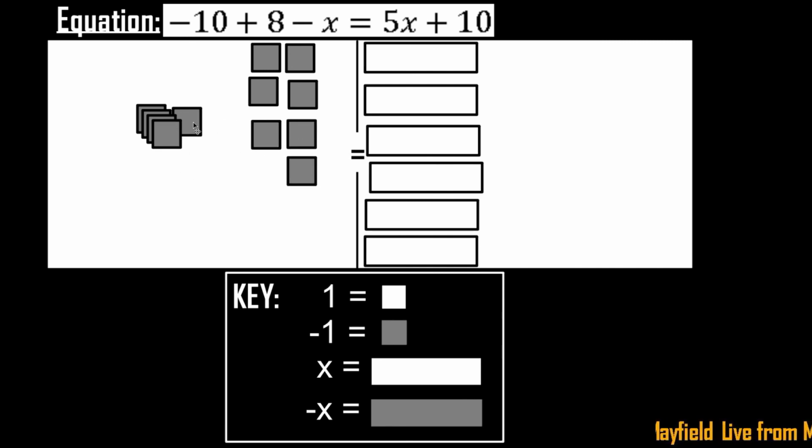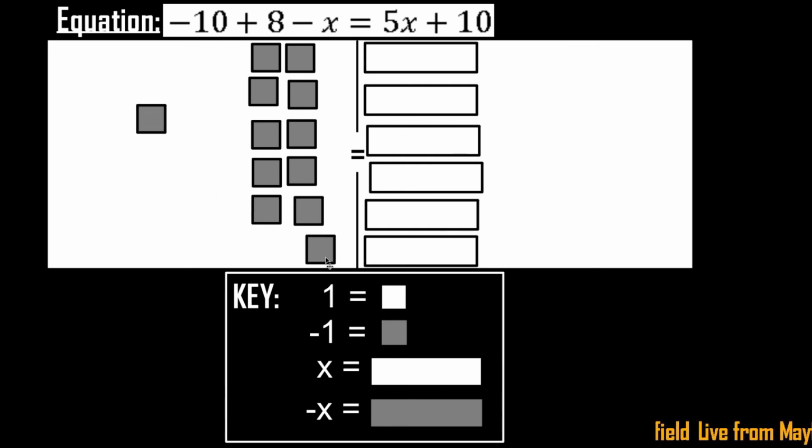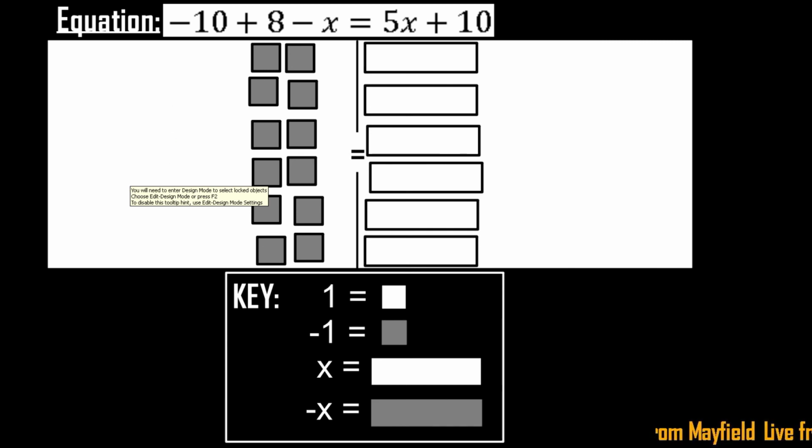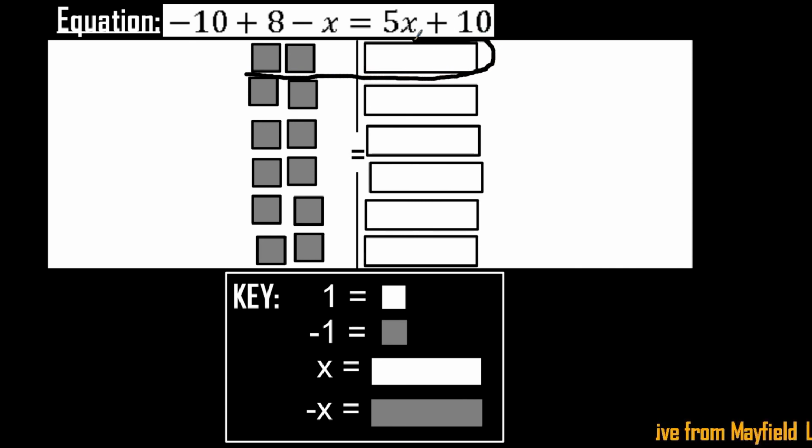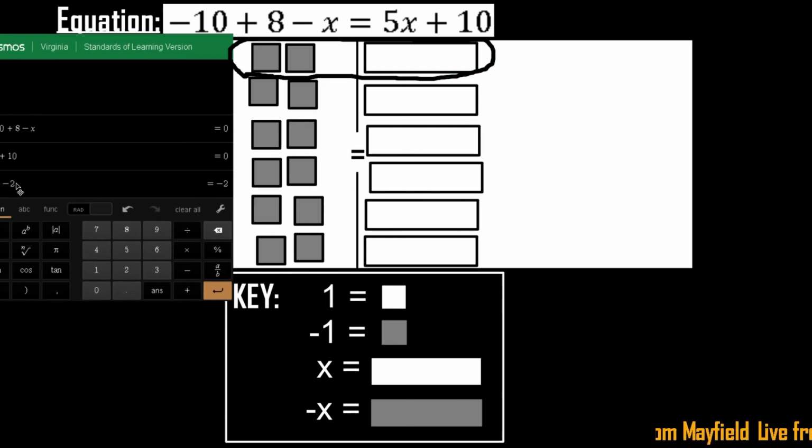Meaning, how much can each of those x's contain? Well, if you see very carefully, each of those x's is going to contain a -1. Excuse me, 2 -1s. So I can group them off like so. Again, you can show it using circles, whatever works for you.